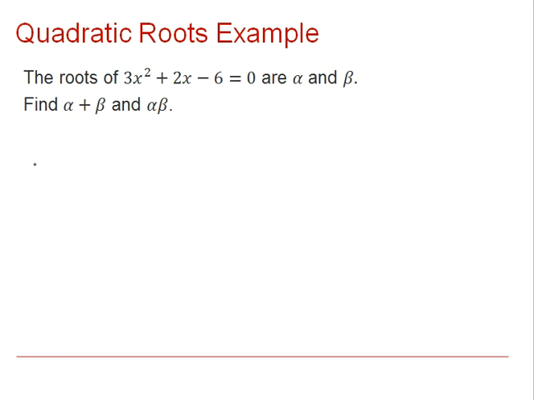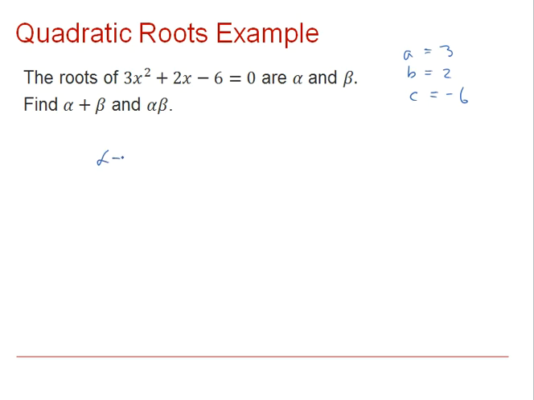So here we're given an equation where a equals 3, b equals 2, and c equals minus 6. We're asked to find alpha plus beta and alpha beta.